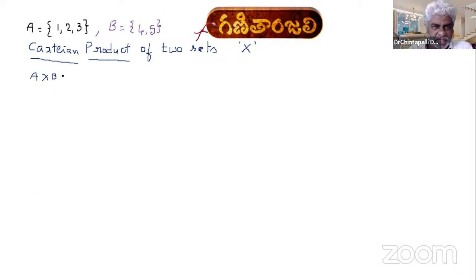A cross B is nothing but the set of some ordered pairs. That means the Cartesian product contains elements like this. The first pair is 1, 4.